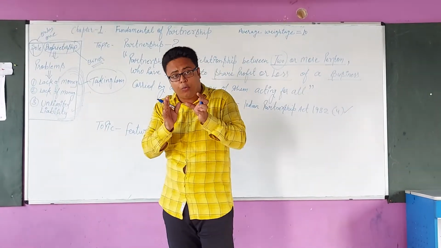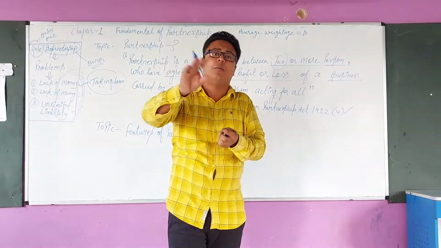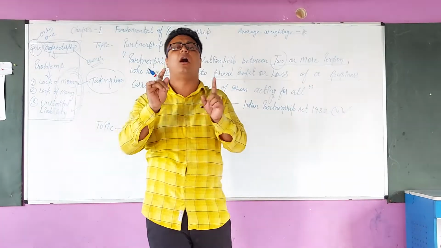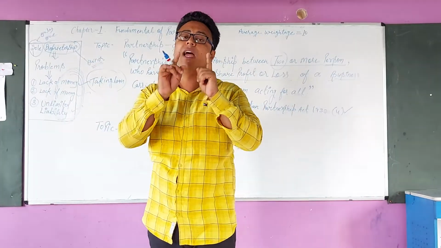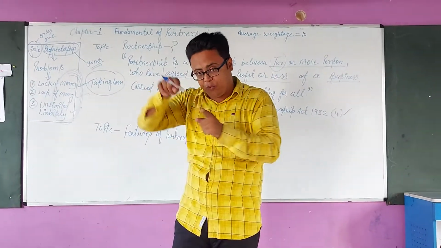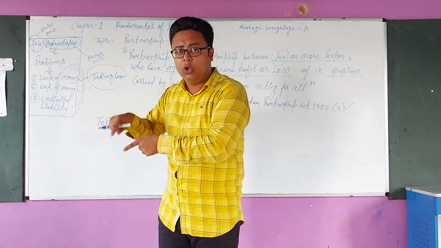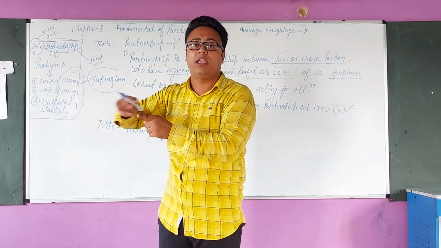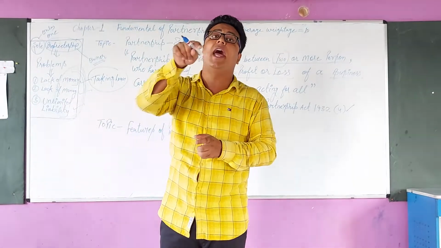So those four partners who invested money but do not participate in the business are called silent partners, and that one partner who is continually engaged in the business is called the active partner.